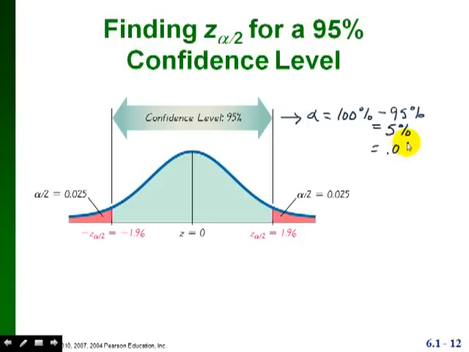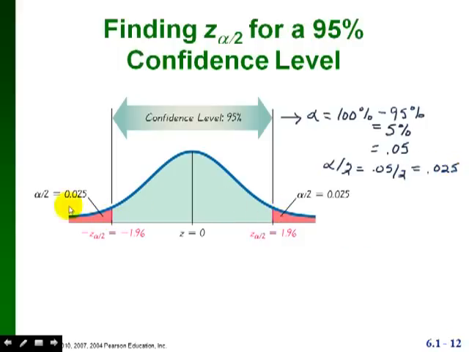So we're going to rewrite that as 0.05. Then we're going to divide it in half so that we have half in each tail. So we're going to take alpha and divide by 2. That gives us 0.025. So we know the area in each tail here is 0.025.